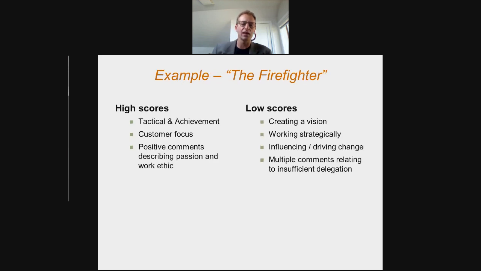This over here is, I'd say, a truncated version of an actual 360 interpretation. Truncated because I've only listed three or four points on each one, but for the purposes of a slide, I didn't want to have something busy. So you can see where this person's scoring high and where they're scoring low. This is an actual 360 that I'm referring to over here.